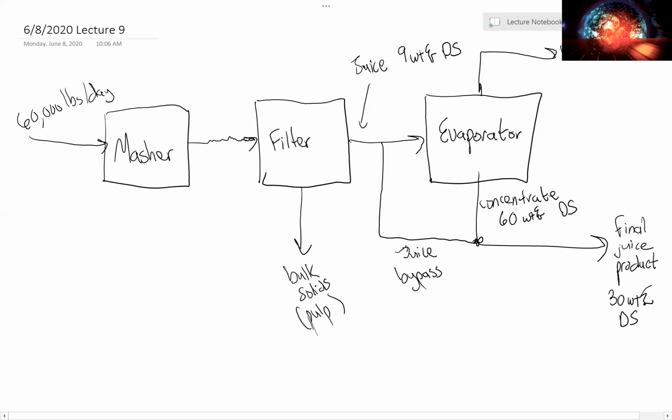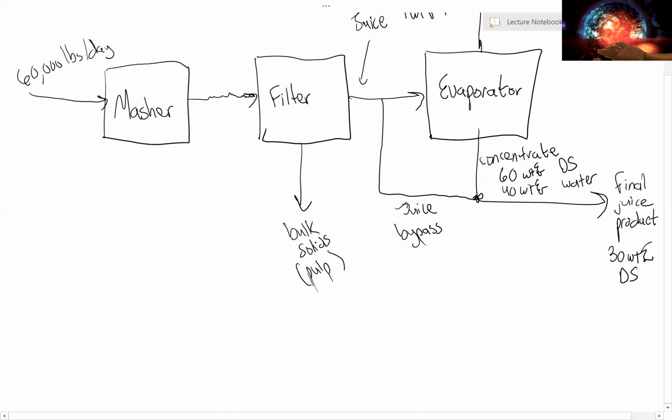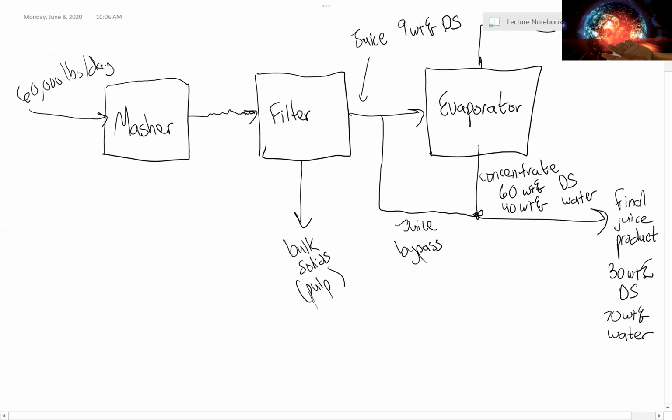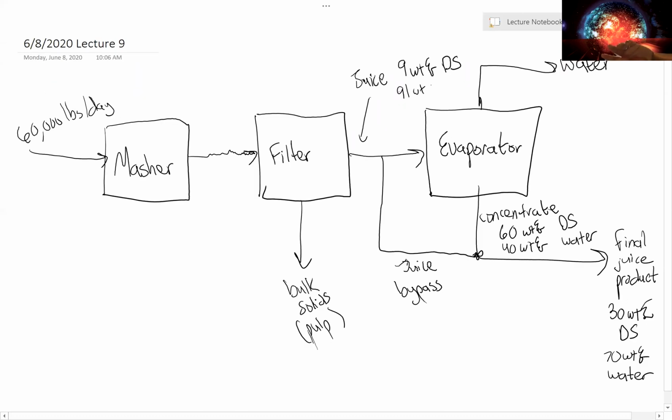If we're quantifying juice as water and dissolved solids, the balance should be water. So if the concentrate is 68 weight% dissolved solids, then we have 32 weight% water. And if the final juice product has 30 weight% dissolved solids, then we should have 70 weight% water. And here we have 91 weight% water. Everyone following so far?